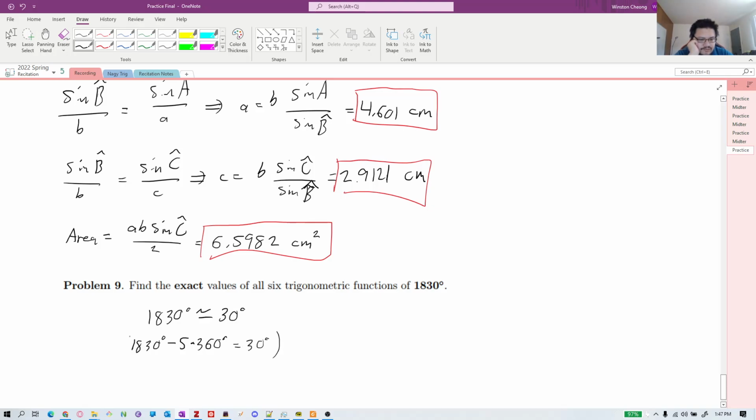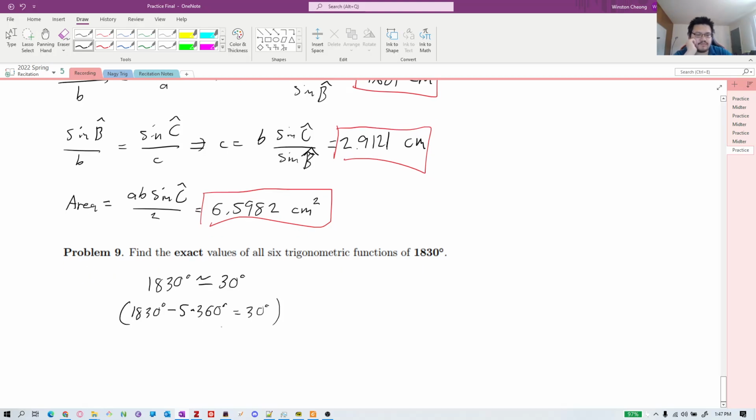This is my justification for these angles being equivalent for the different trig functions. So the problem asks us to evaluate these trig functions on this huge angle, but really we're thinking of it as evaluating on the small angle, because this is the equivalent angle.